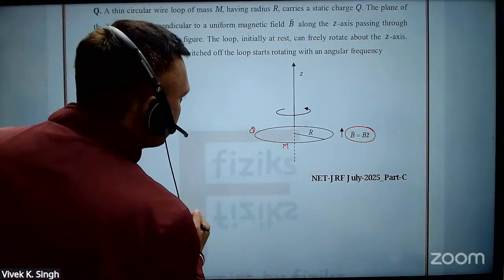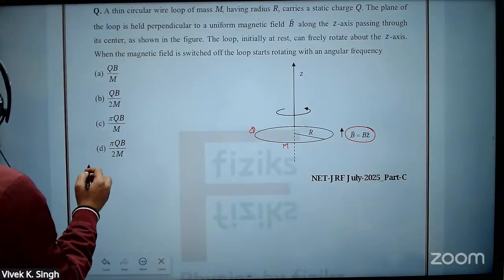Okay? So how to find the induced electric field first? Let's see.